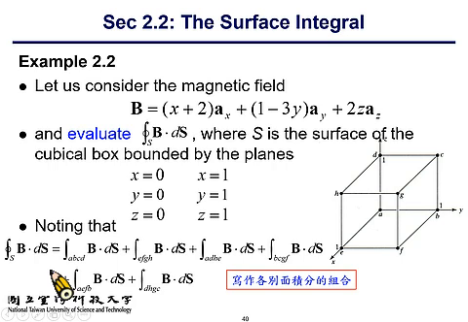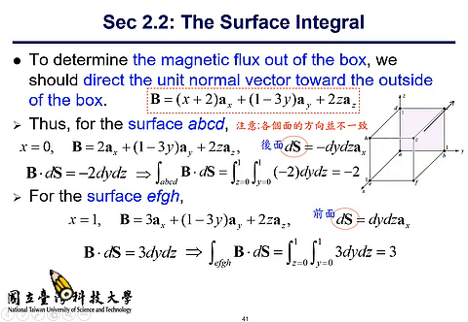So if you want to calculate the magnetic flux flowing out of this cubical region, you can decompose it into a summation of the 6 surfaces, like this. And what to do next? Well, you carry out the surface integral on the 6 surfaces and add up the results, right?